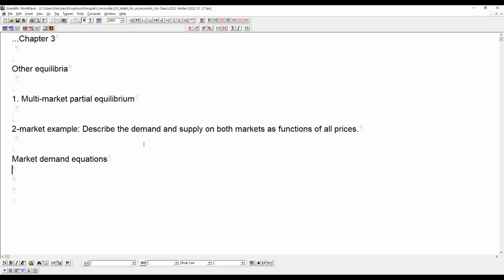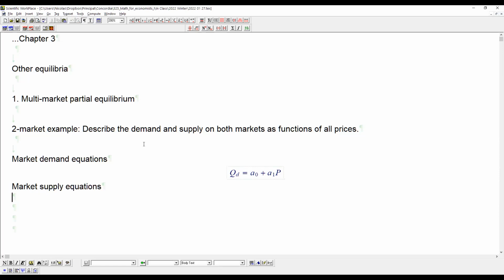What you would have if you have a single market would be something like QD equals, so let's use Latin letters for this, A0 plus A1P. And you would have a market supply.